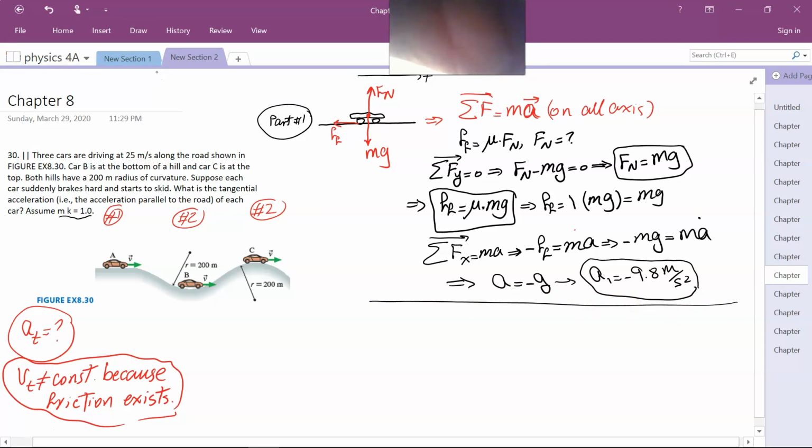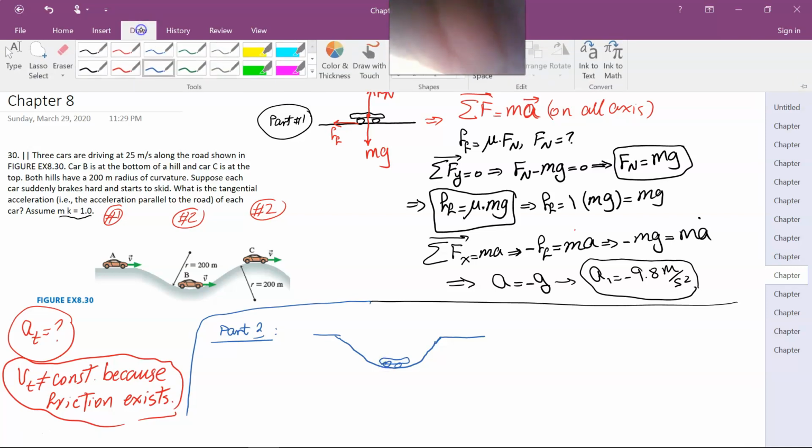Part 2, your road is like this. This is my road, and my car is here, correct?